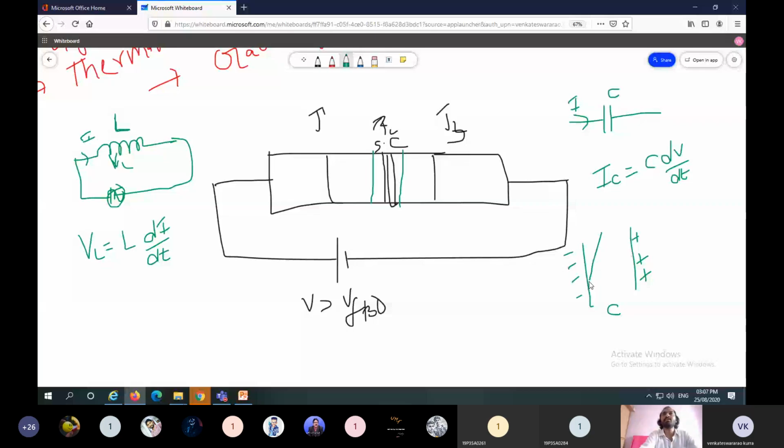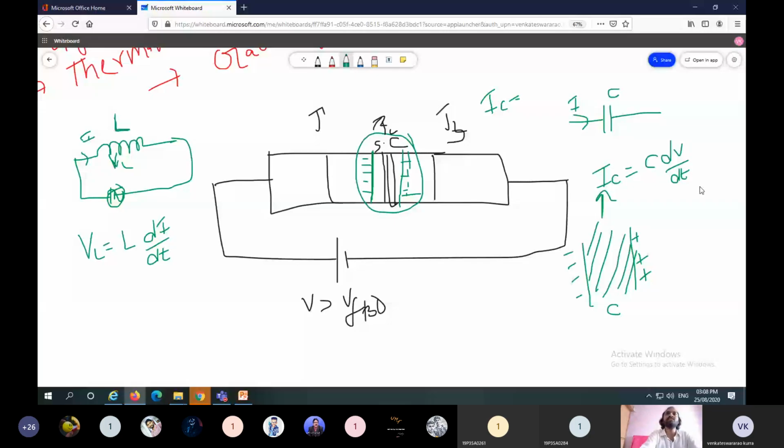Current flowing through the capacitance is IC equal to C into dV by dt. Here also the depletion layer polarity is minus, minus, minus and plus, plus, plus, and junction J2 acts as a dielectric medium. So this completely acts as a capacitor.